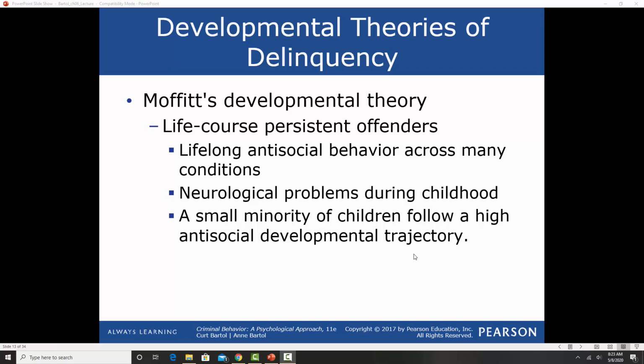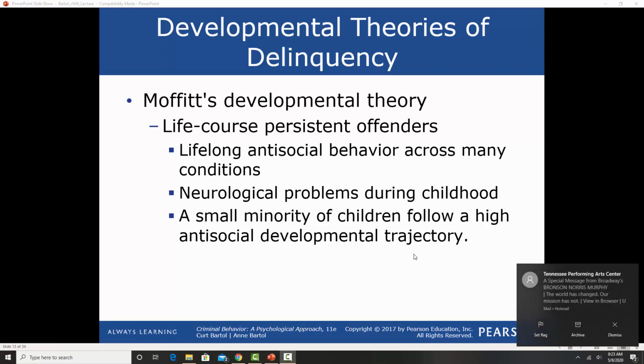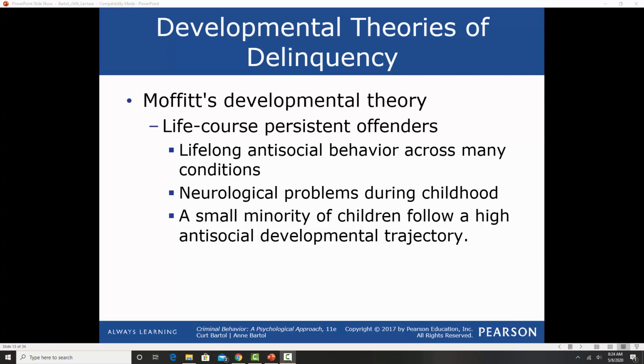So life course persistent offenders start young with behavioral problems, and these are the ones that tend to continue into adulthood with their behaviors. Most tend to have some type of, or some can have, neurological problems during childhood. We talked about what causes some of those neurological issues in a previous chapter.